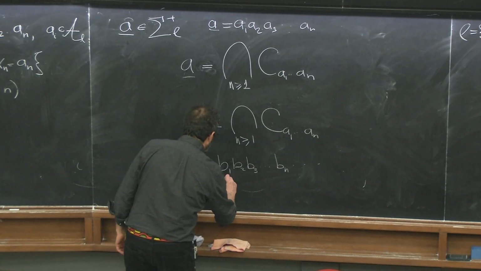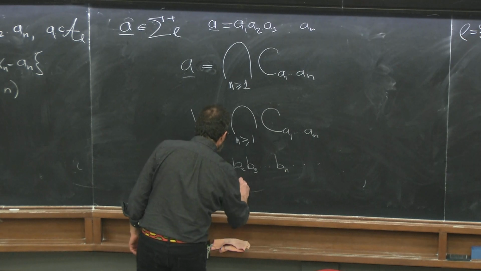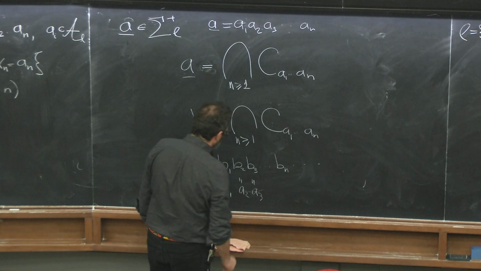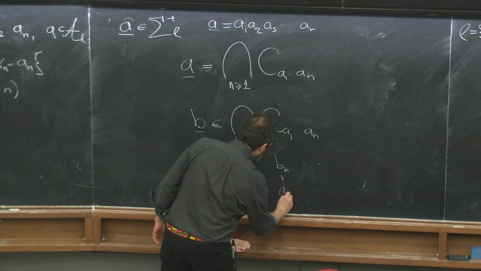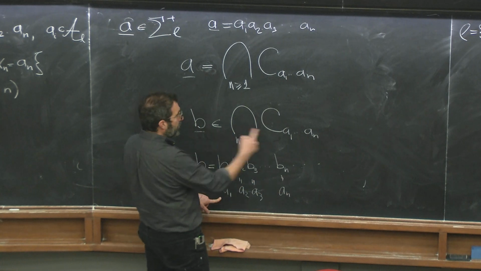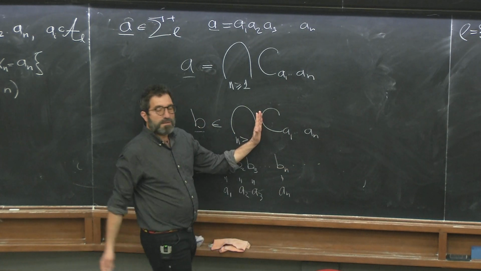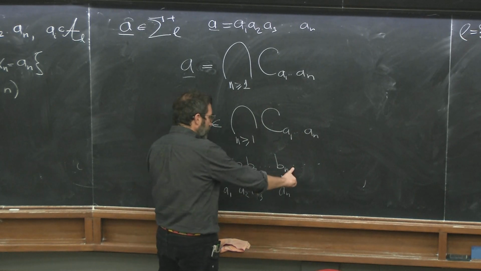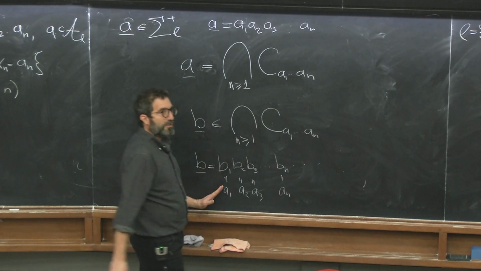So this means that B1 must be equal to A1, B2 must be equal to A2, B3 must be equal to A3, up to time n, right? Because if these up to time n are not the same, then B would not belong to this set, because this is precisely the cylinder set of all the sequences whose first n digits start with A1 to AN.